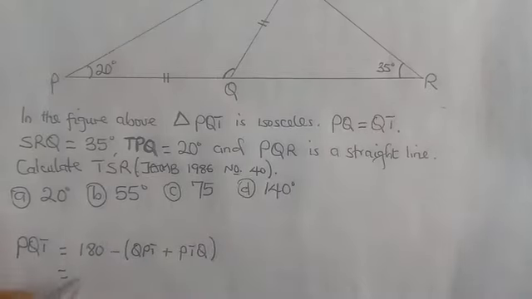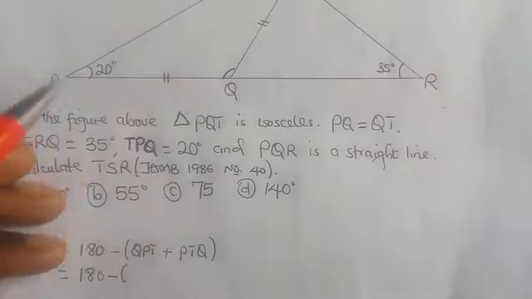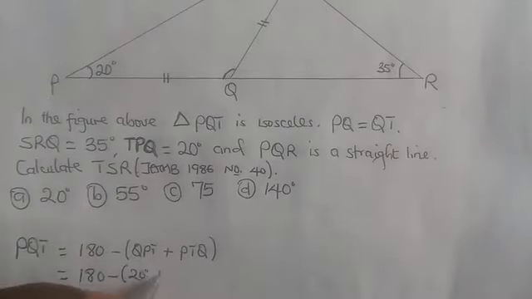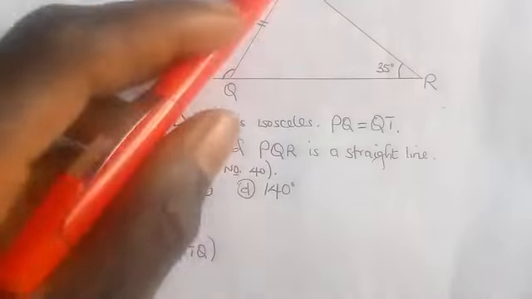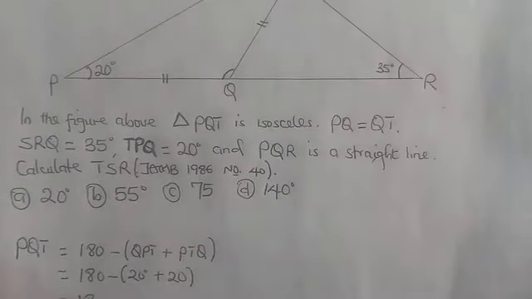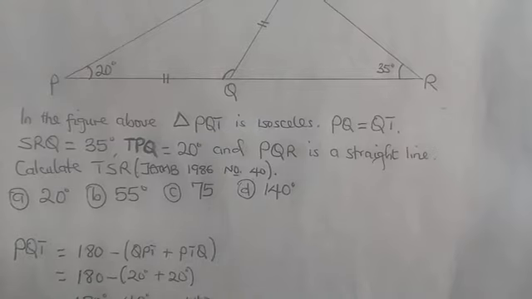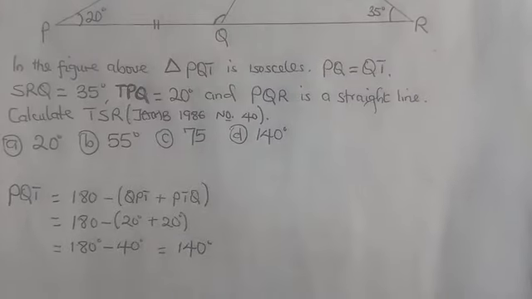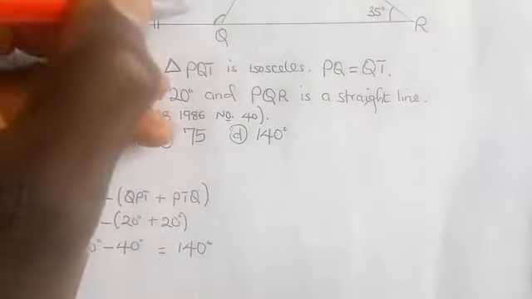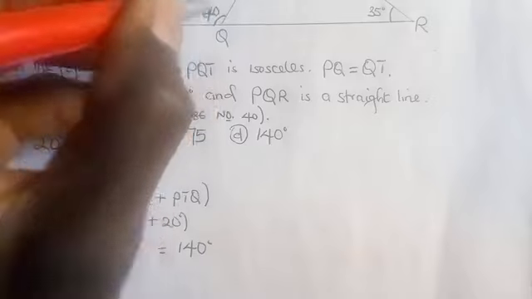That's equal to 180 minus, QPT here is this angle which is 20 degrees, while PTQ is this angle which is also 20 degrees. So we are going to have 180 degrees minus 40 degrees, and that's equal to 140 degrees, implying that this angle here is 140 degrees.